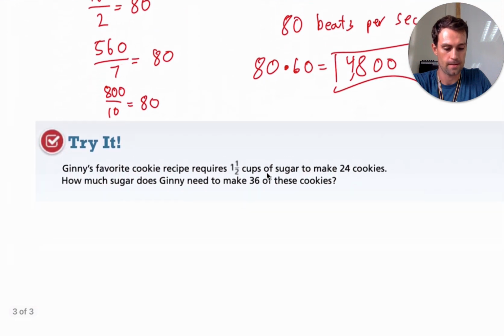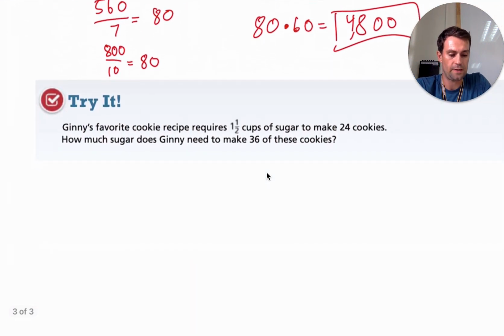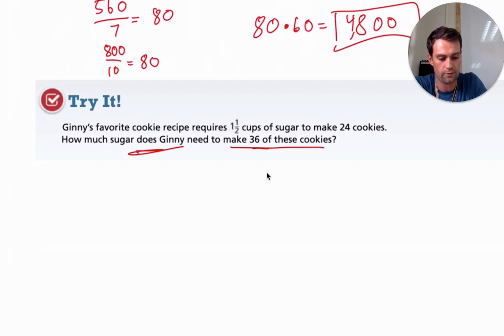Okay? Gina's favorite cookie recipe requires 1 1/2 cups of sugar to make 24 cookies. How much sugar does Gina need to make 36 of these cookies? Okay, so cups of sugar to make 24, so we would have 1 1/2 cups gives us 24 cookies.